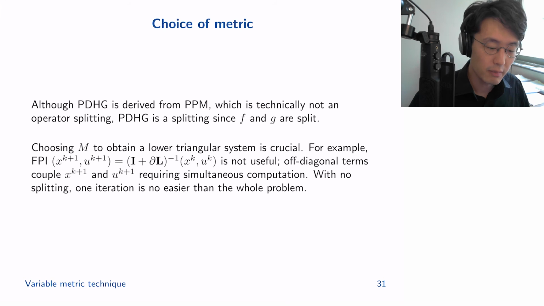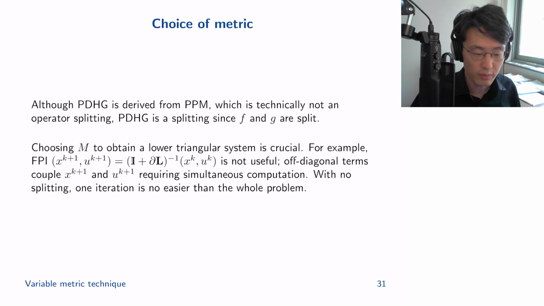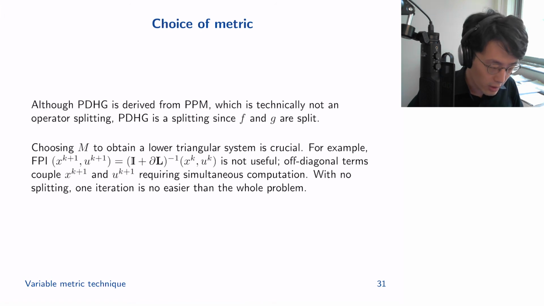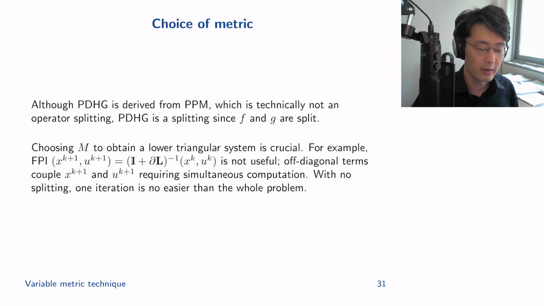It's just this, but this method would not be useful practically, because in the linear system, the off diagonal terms will have the effect of coupling the xk plus 1 and the uk plus 1 iterates, and the consequence of this coupling is that the computation of the primal and dual variables will require simultaneous computation. And when there is no splitting, then performing one iteration of this fixed point iteration becomes no easier than solving the entire problem.